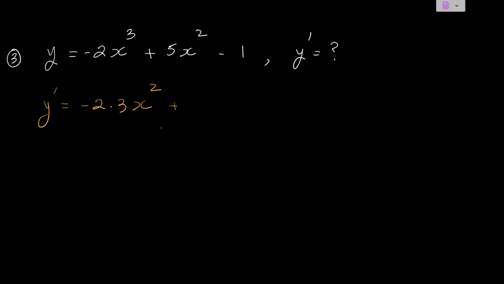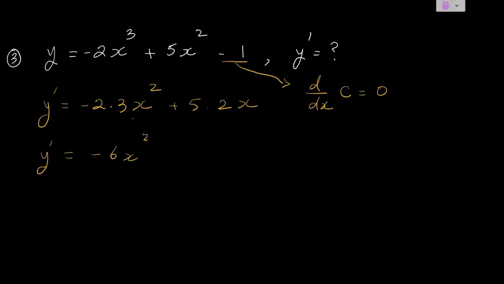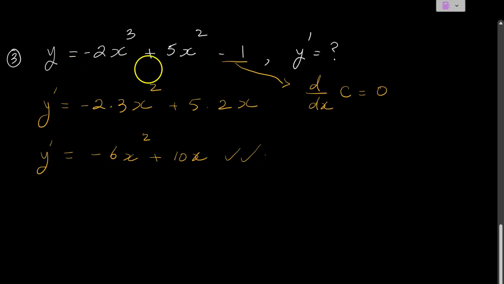Plus 5 times 2x, and then the derivative of -1, remember, d/dx of any constant c, which was the fifth rule, is just 0, so we don't have to write that. Let's simplify. -6x squared plus 10x. That is your final answer for the derivative of this function.